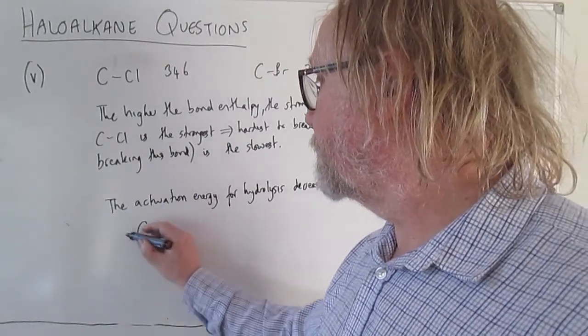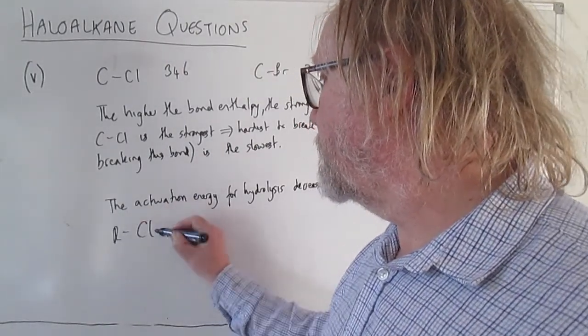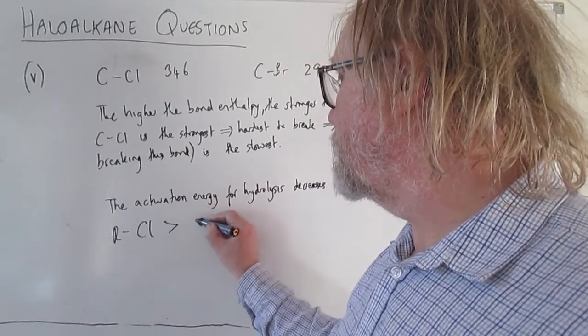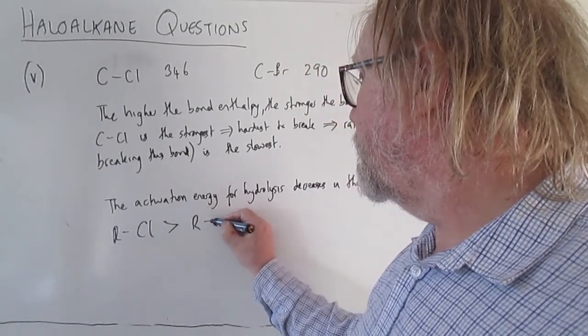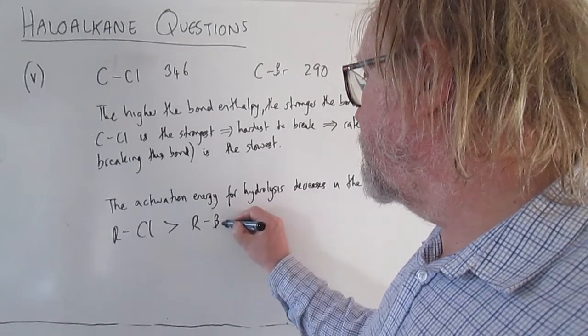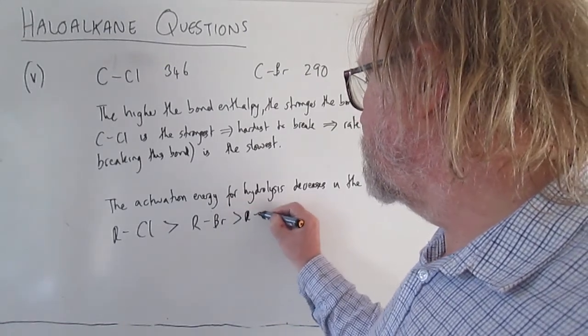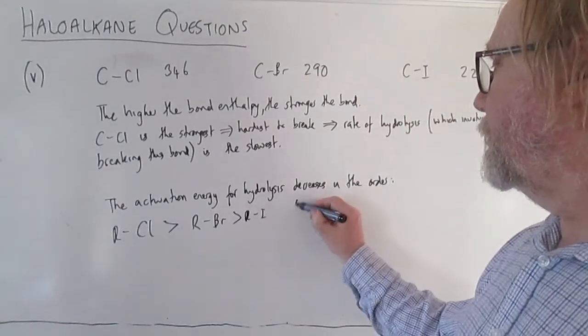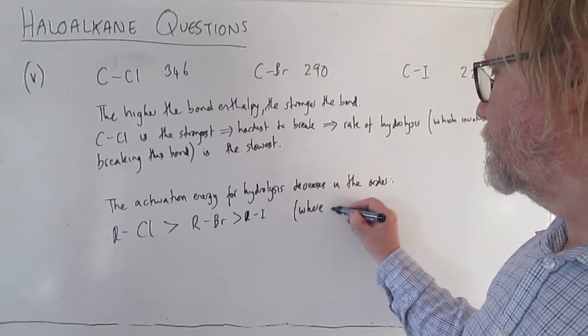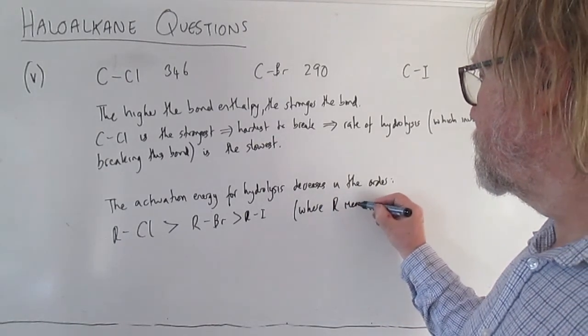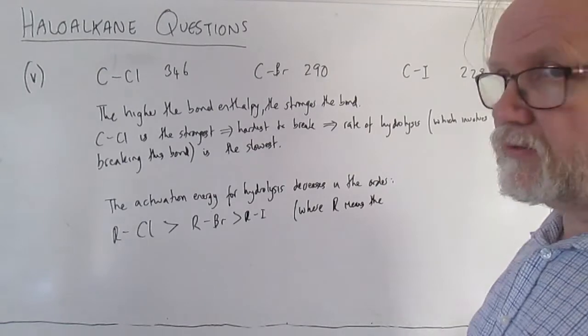So the chloroalkane is the strongest, with the highest activation energy, and then the bromoalkane, and then the iodoalkane, where R just means the organic group, which could be a methyl group or whatever.